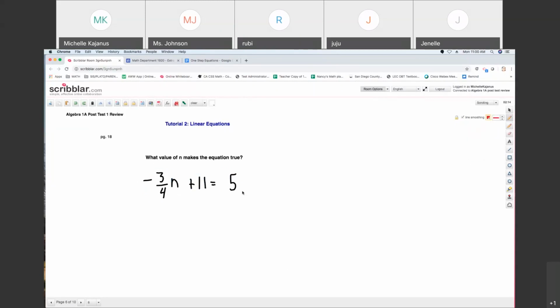So let's say I want to get rid of 11 here. To get rid of 11, I'm going to subtract 11. The opposite operation of an addition is a subtraction. I'm going to subtract 11. In an equation, whatever I do to one side of the equal sign, I have to do to the other.